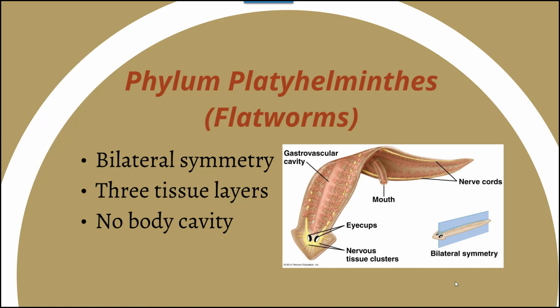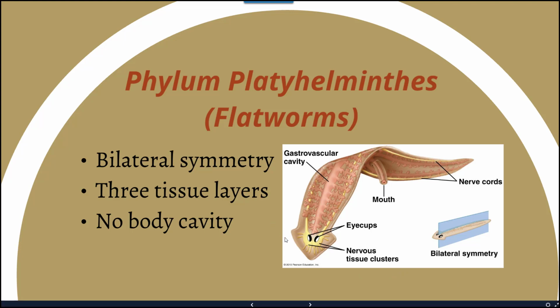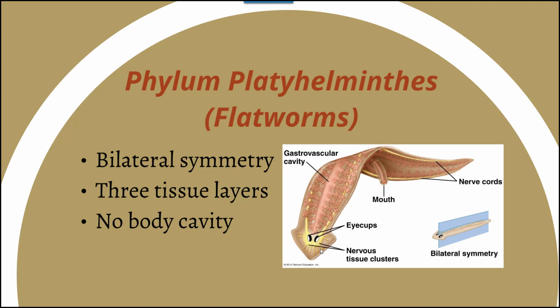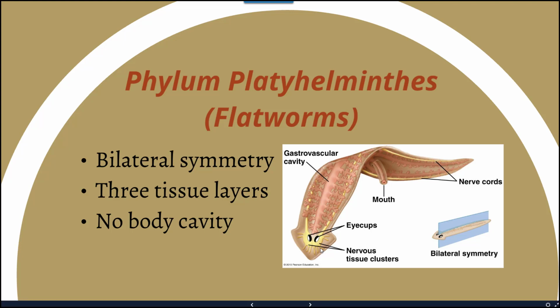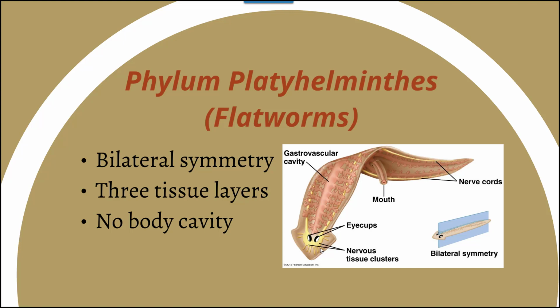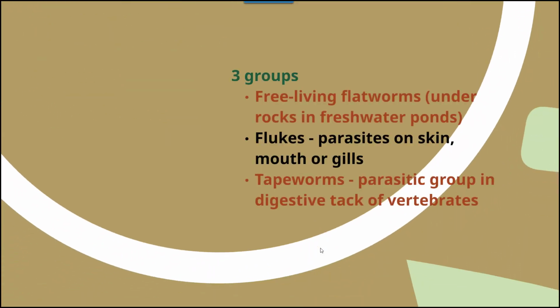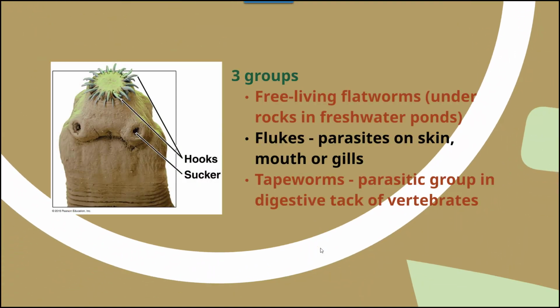They have these nervous tissue clusters that are located close to the head, in quotation marks, it's not really a head, but the top dorsal front part of the organism, and this helps them to see light and dark. There are 3 groups of these platyhelminthe worms.